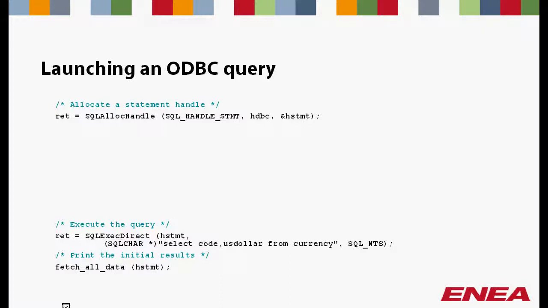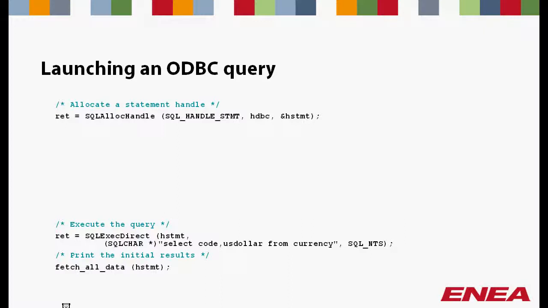Once SQLExecDirect returns control to the application code, we can then go on and inspect the result set. In this case, we have a function written here, fetch all data, which will print out the contents of the result set.